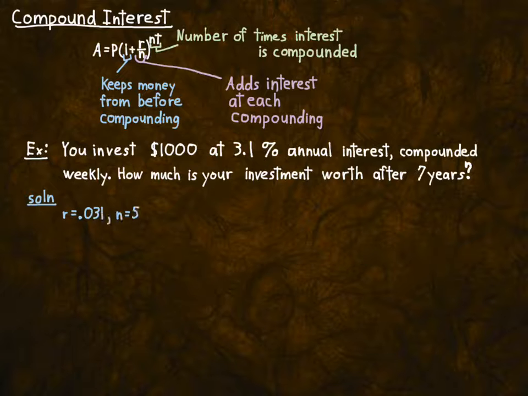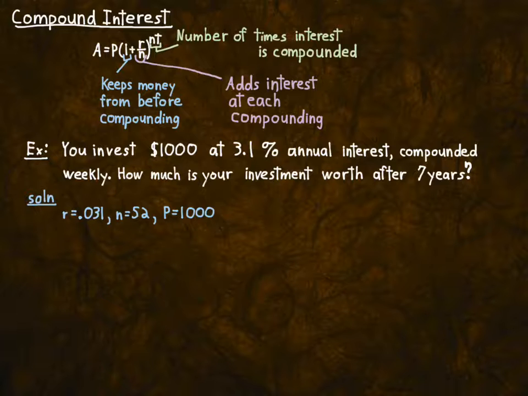Okay, so I write down what all the variables are first. Or you could write down the general formula first without the numbers plugged in. Just the general formula, like A equals P times parenthesis 1 plus R over N close parenthesis raised to the NT power, right? Which I have written right above. Very often I'll just write out that formula without plugging anything in.